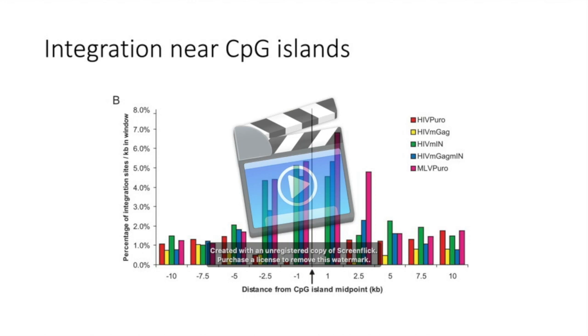Looking at the results of their study, notably, we can see in green and blue, these chimeras have the murine leukemia integrase incorporated in them, and we can see the influence of that. We get a stronger frequency of integration towards the center of these CpG islands. And as expected, our murine leukemia virus is showing high frequencies, and our pure HIV is randomized throughout the CpG island.